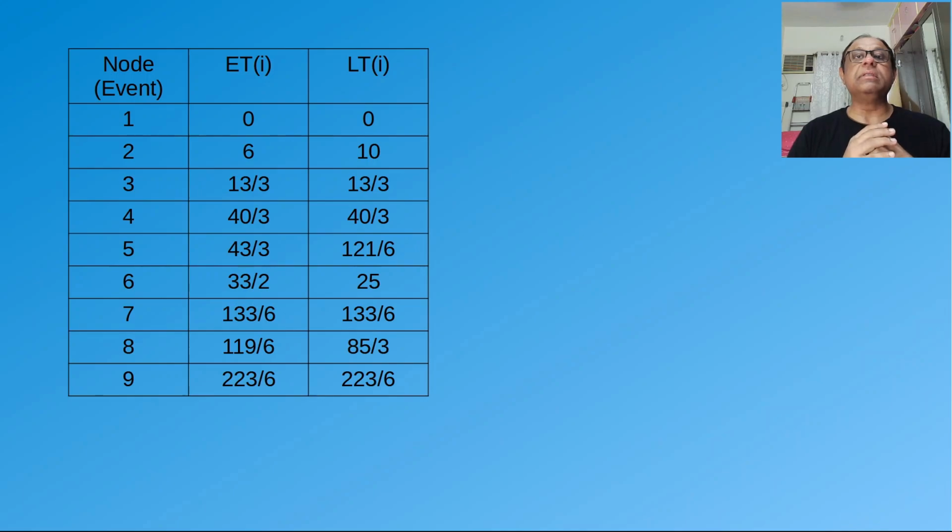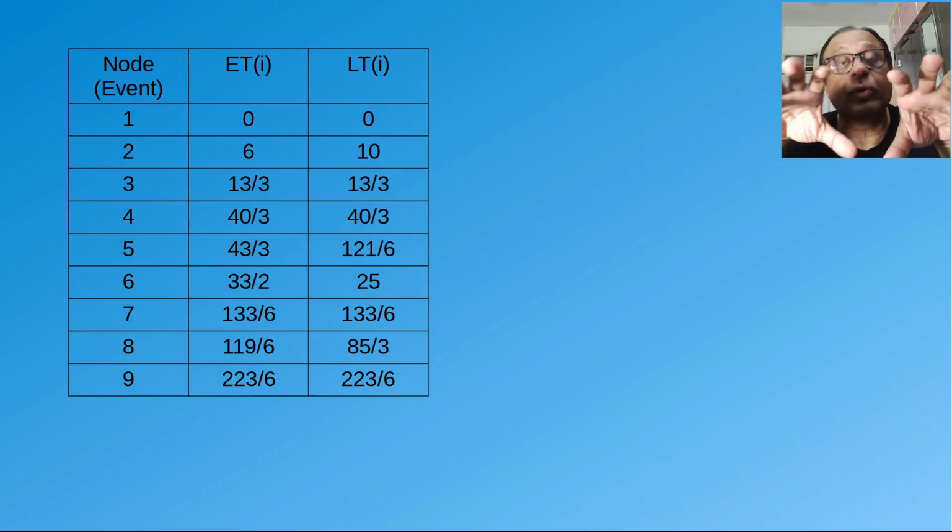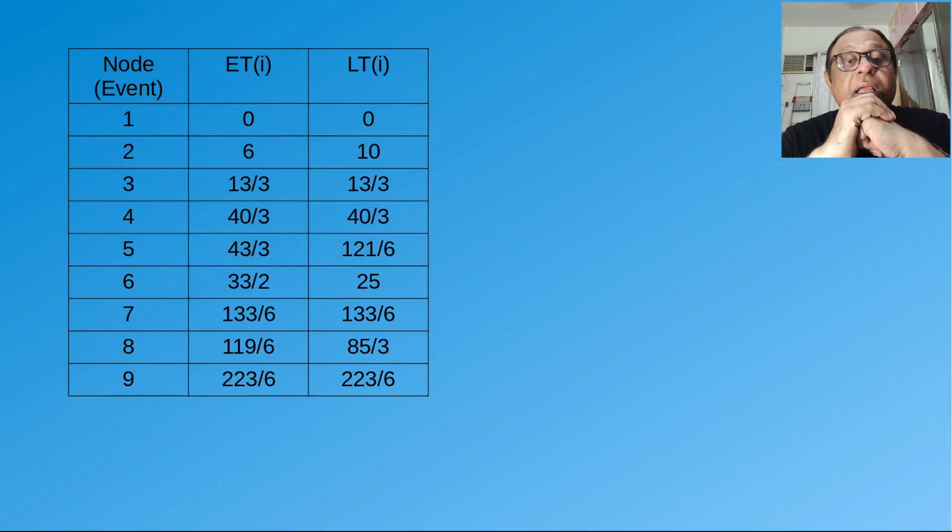Now, this is what we have done so far, and we are in a clear position to say what is the earliest we can complete our project. Now, what if you are given less than 37 weeks to complete the project?